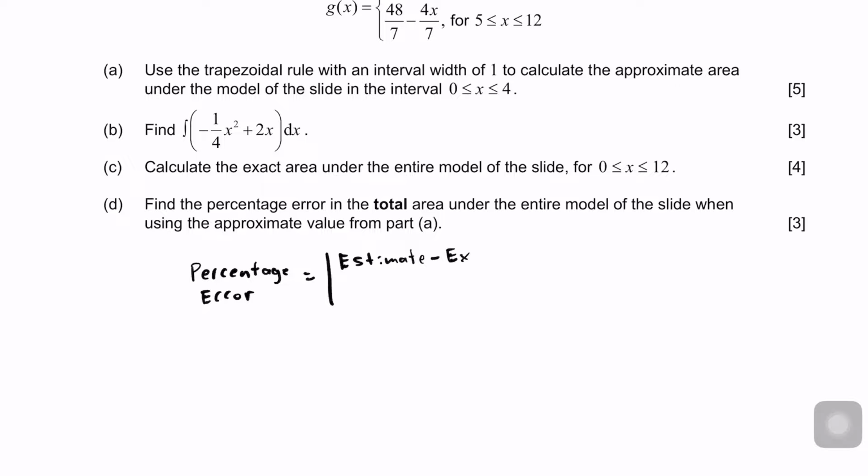So the distance between estimate and exact as a fraction of the exact. And then we say these absolute values mean no negatives. If the estimate is bigger or the exact is bigger, we just don't want any negatives. And then, to make it a percentage, we multiply it by 100%.